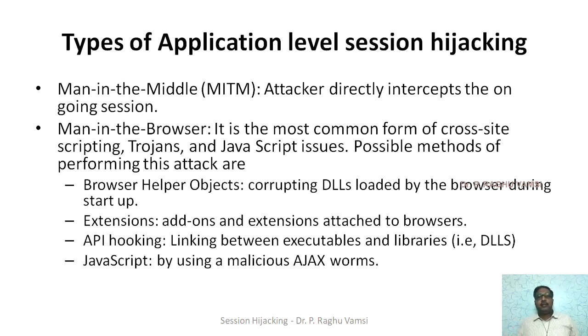The similar kind of attack which happens at the application level is called the man in the browser attack. The man in the browser attack is a most common form of cross-site scripting, Trojans, and JavaScript issues. Whenever these issues are there in the web browser, this attack is possible. Possible methods of performing this attack are, for example, browser helper objects. Many browsers load dynamic link libraries when they are started.